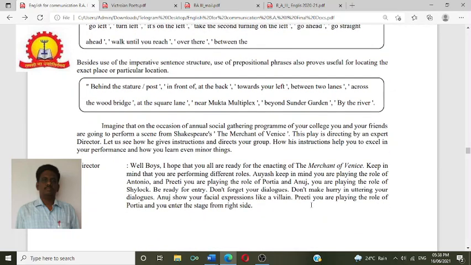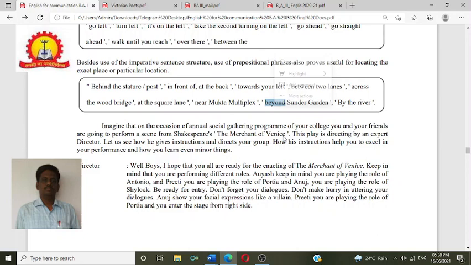So see, behind the statue or post, in front of, at the back, towards your left, between two lanes, across the wood bridge, at the square lane, near Mukta multiplex, beyond Sundar garden, by the river. You can see behind, in front of, towards, between, across, at, near, beyond.